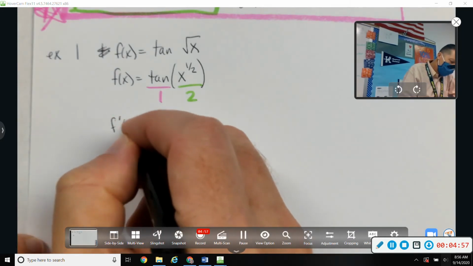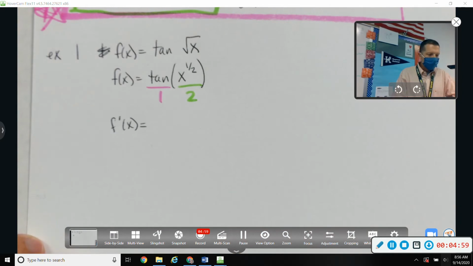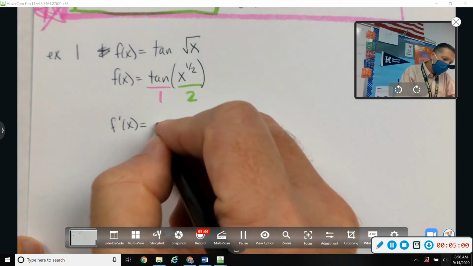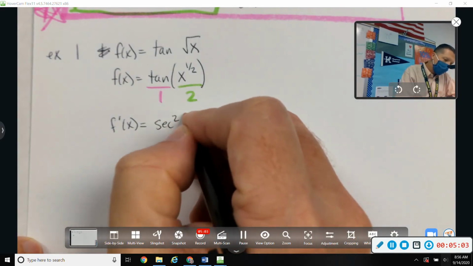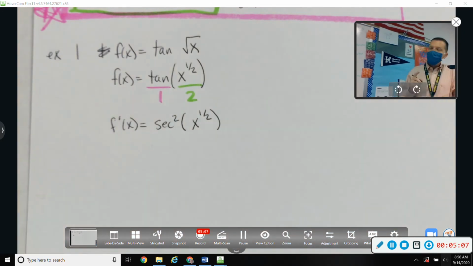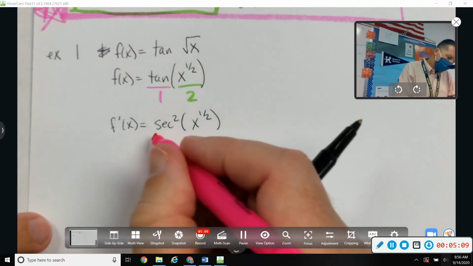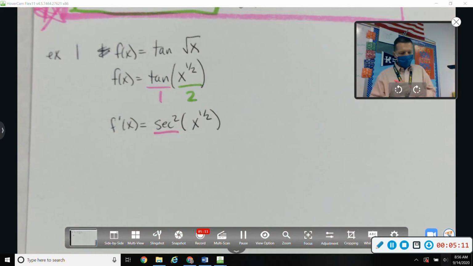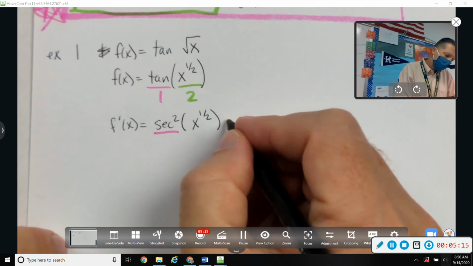So derivative of tangent is secant squared. Don't change what's on the inside though, right? One derivative at a time. You can't bite the whole Tootsie Roll Pop all at once.